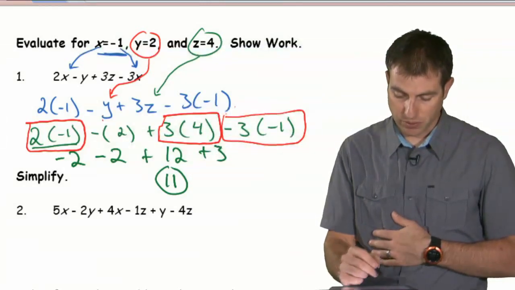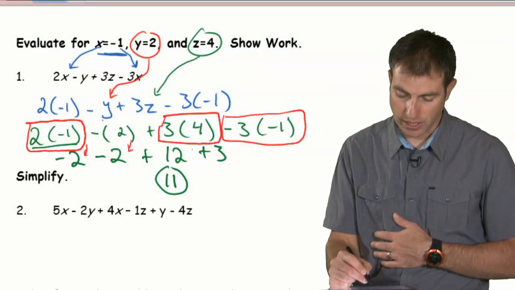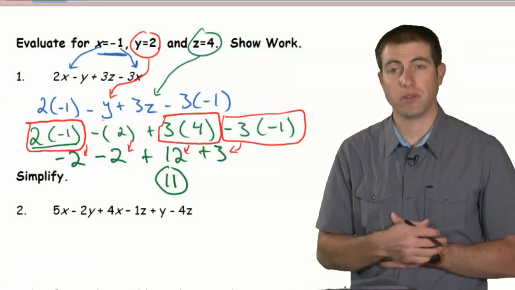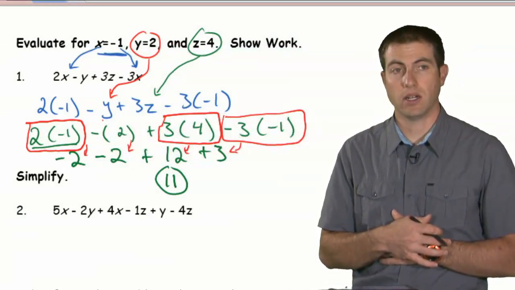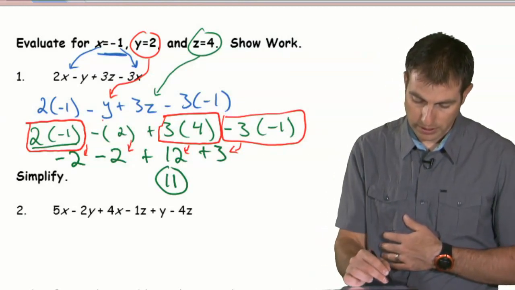The multiplication happens first, so I get the -2 there. I'm just bringing this -2 down. The 3 and the 4 gives me the 12, and the -3 and the -1, two negatives, gives me the +3. Hopefully that clarifies. And then down here at the bottom, I'll just underline everything in black here.